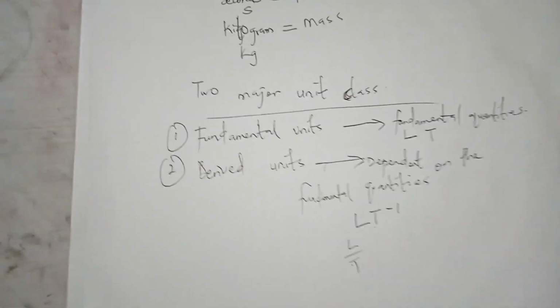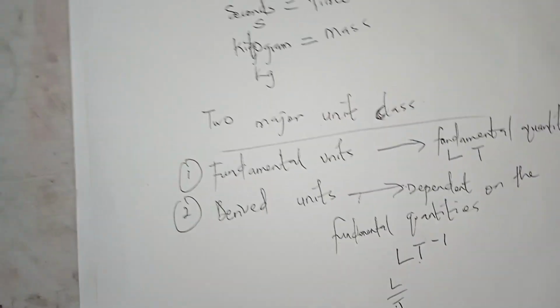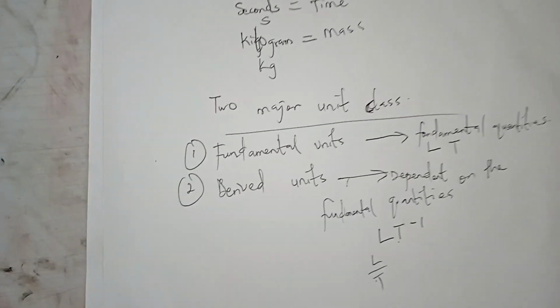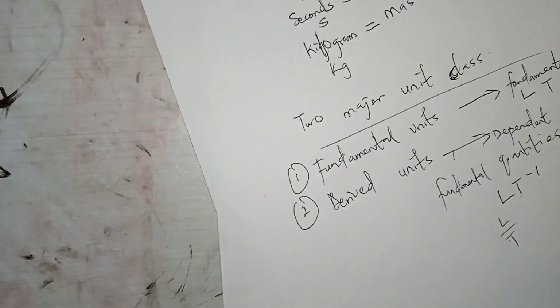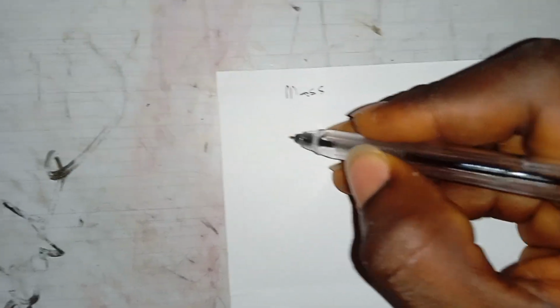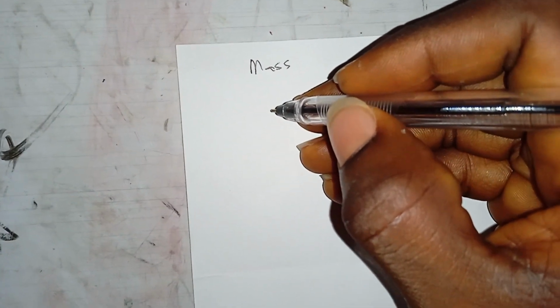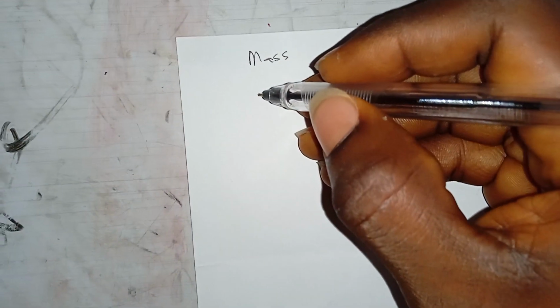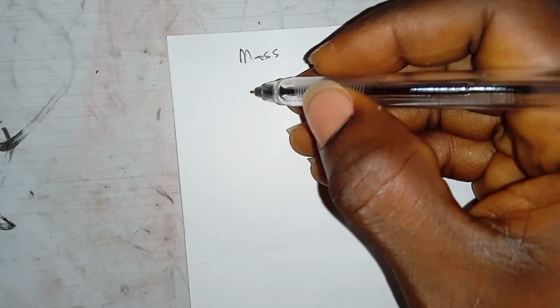Now that you know this, you also need to know that there are the 7 fundamental quantities. These 7 fundamental quantities are mass. Mass is a quantity. We say that mass is the amount of matter contained in an object, the amount of matter available in a substance.